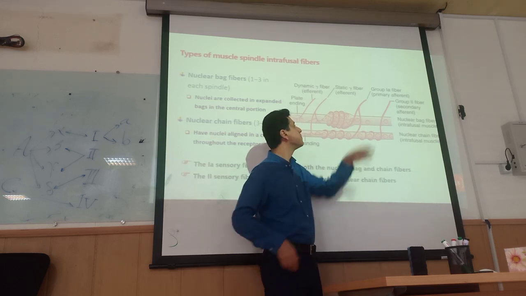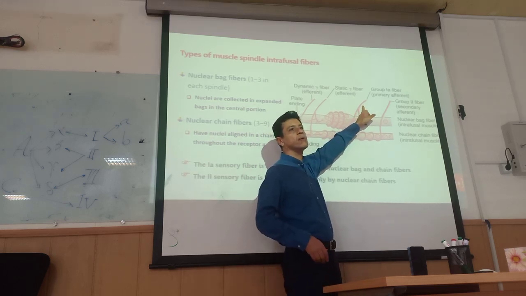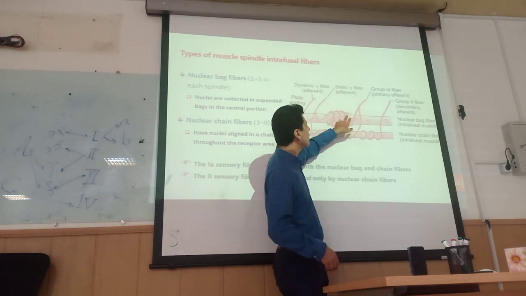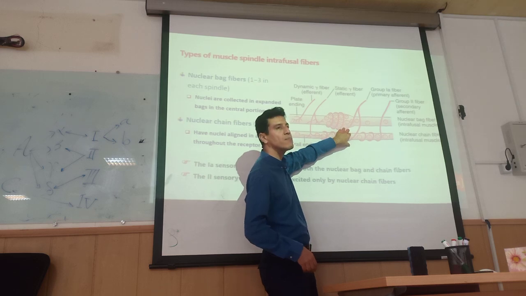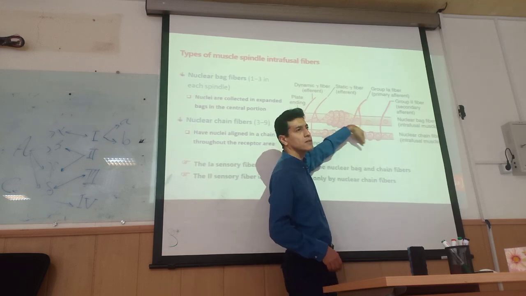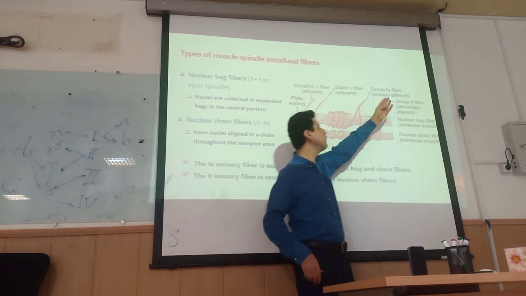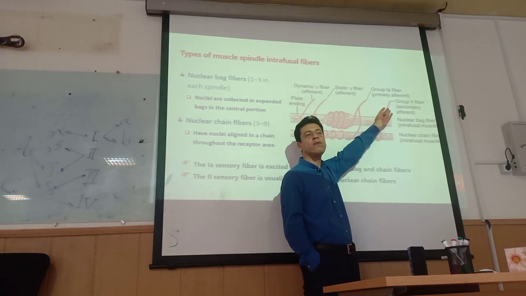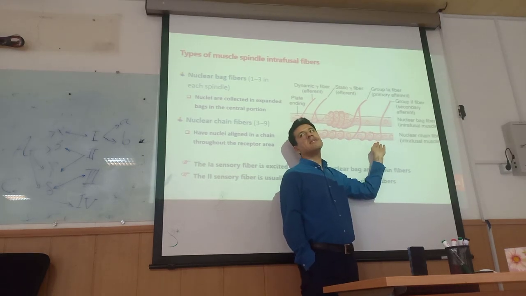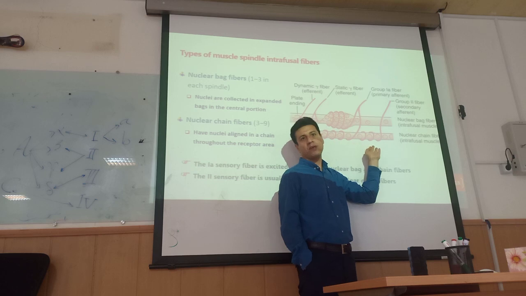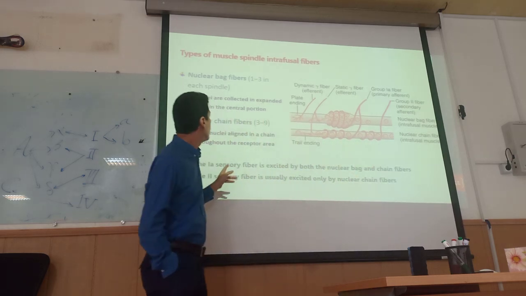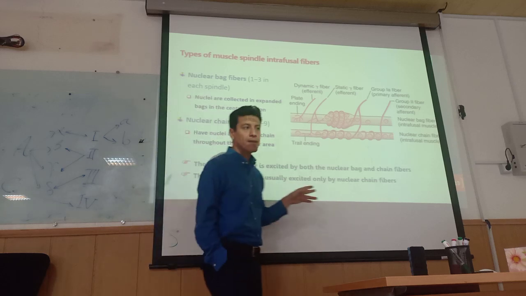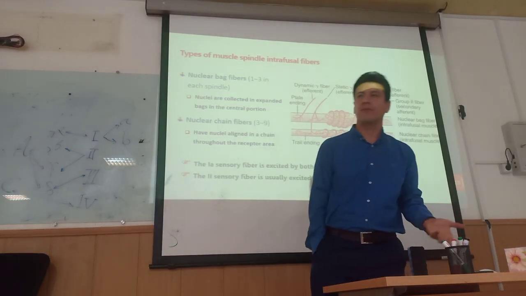From another view, 1A fibers carry both dynamic response from nuclear bag fibers and static response from nuclear chain. But group 2 fibers can only convey static response from chain. Did you get this?